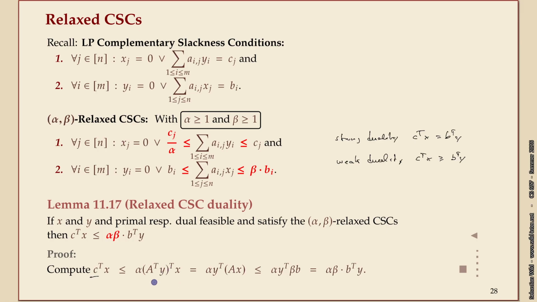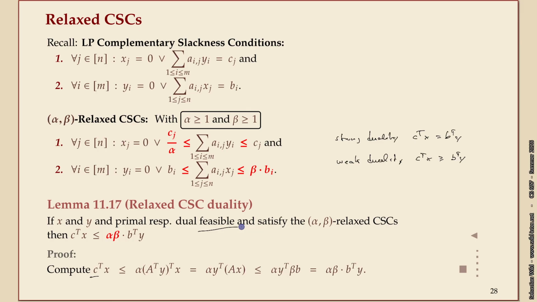Then you expand the transpose, and you have Ax, which you can bound again with this one by beta times b. We replace that, and then you just swap things around. Beta is a scalar, so you can move it to the beginning. Trivial proof, but the point is, if you can somehow make these relaxed complementary slackness conditions hold for some feasible solution, then you get a guarantee for the approximation ratio.